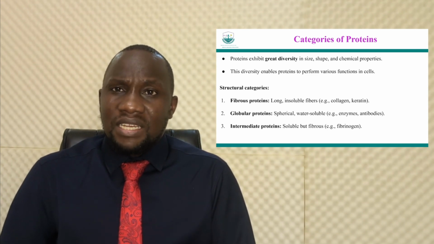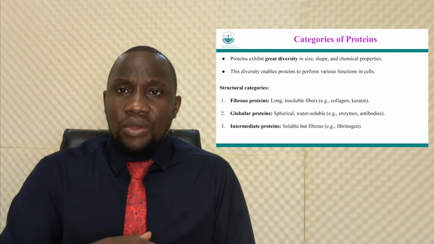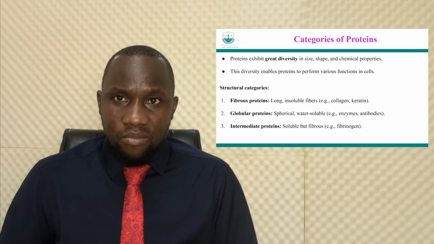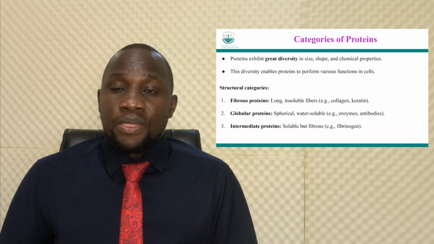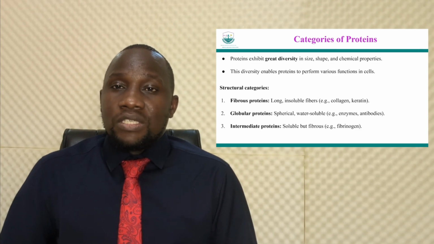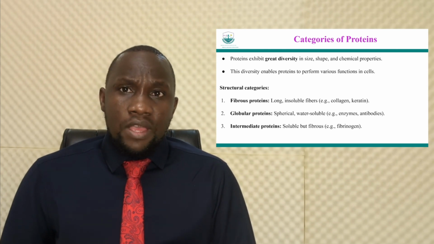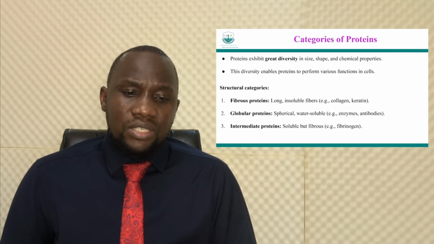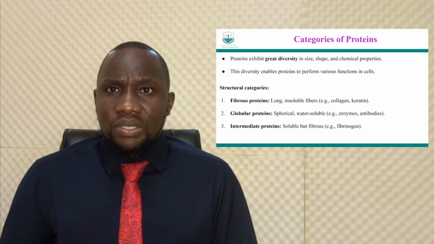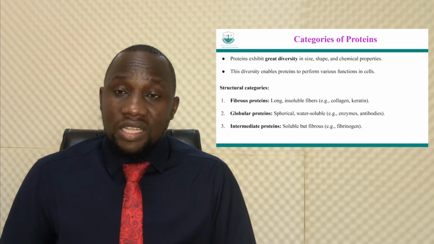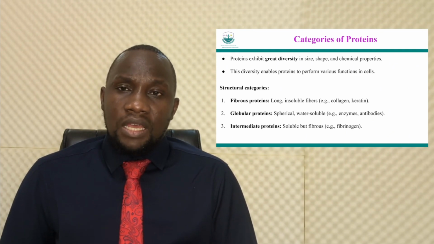You have some proteins that are made up of a few amino acids, and you cannot expect a protein made up of a few amino acids to have a lot of all these different types of bonds. As a result, we have globular proteins, intermediate proteins, and fibrous proteins.